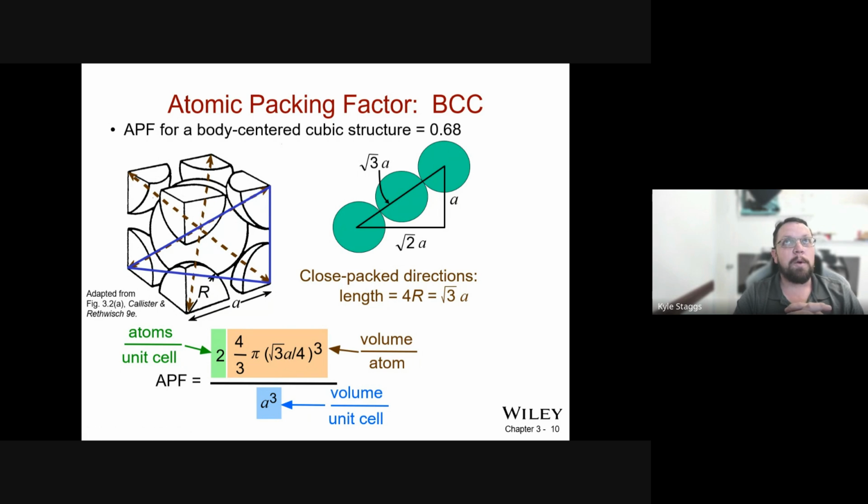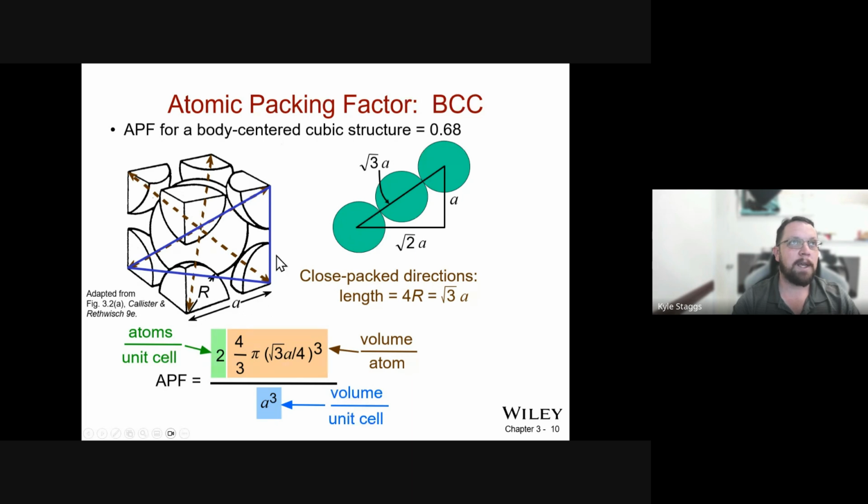So picking up where we left off earlier this week, we are looking at atomic packing factor. This is quickly reviewing the body-centered cubic, where through simple trigonometric relations we have side length A, and A in this case is not exactly equivalent to the diameter of the individual atom.